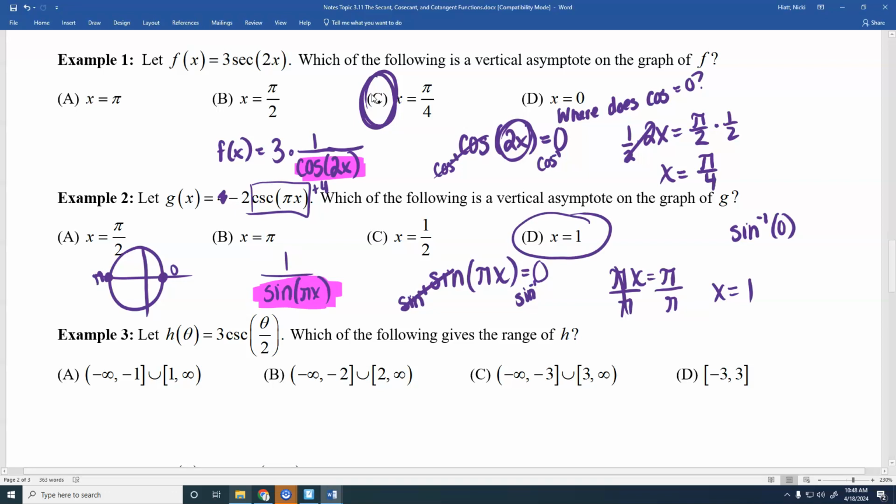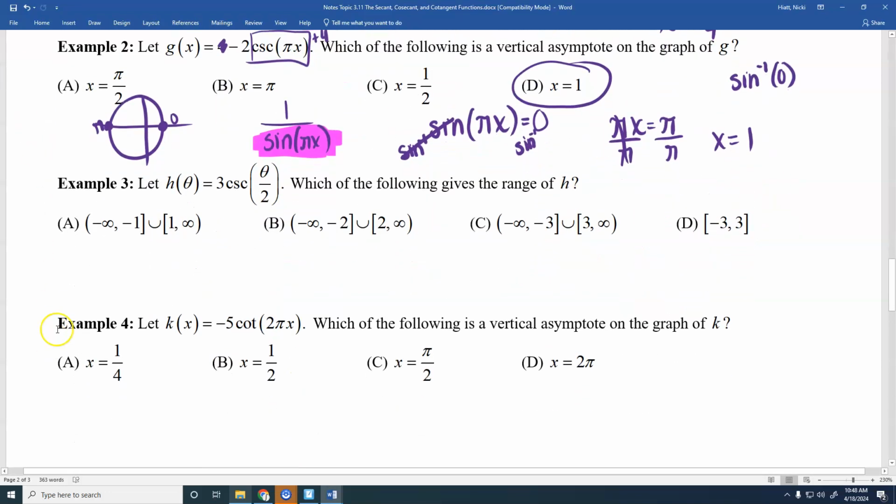If x equals 0 was there, it would also be an answer. But they didn't use that one. They used this one. And really, 1, 2, 3, 4, 5, all your integers are going to be answers for this, but they won't give you more than 1 for that. Okay. Questions so far?